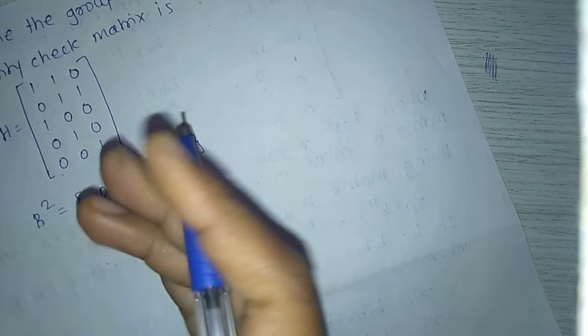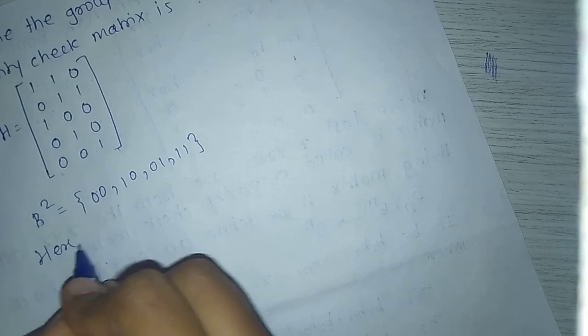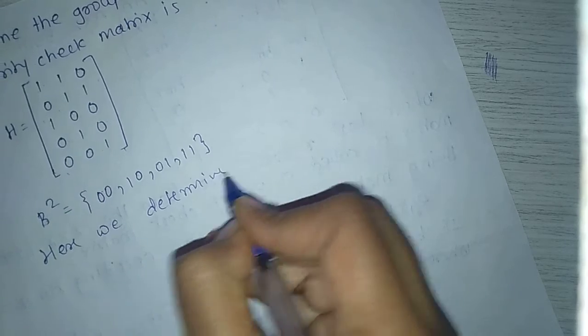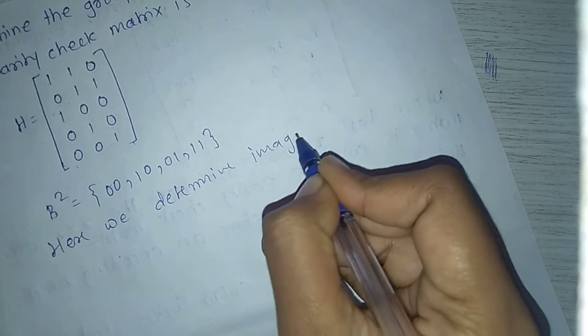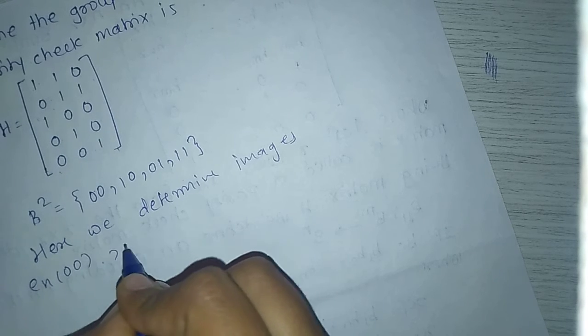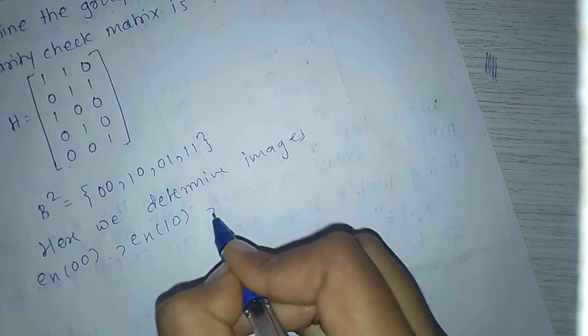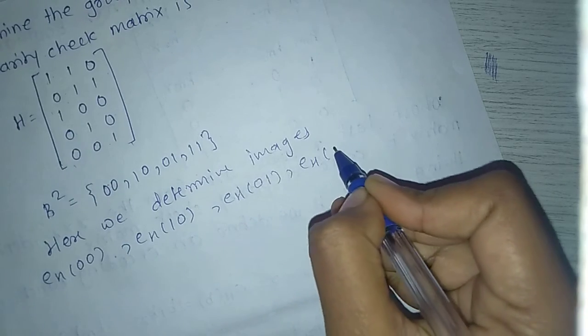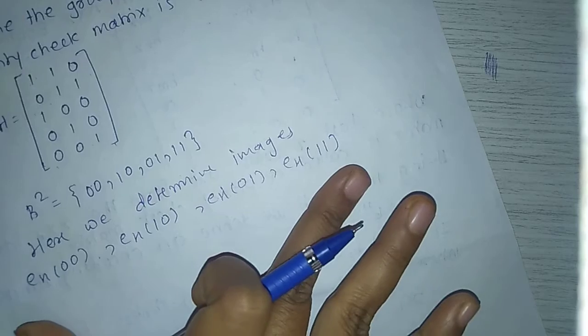Here we determine the images of E_H of 0,0, E_H of 1,0, E_H of 0,1, E_H of 1,1, and these are nothing but the code words.